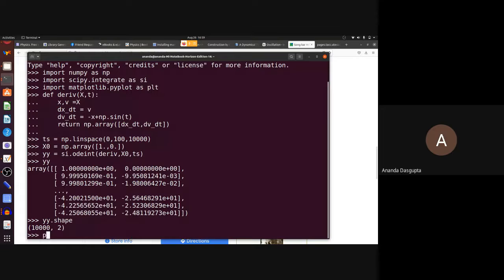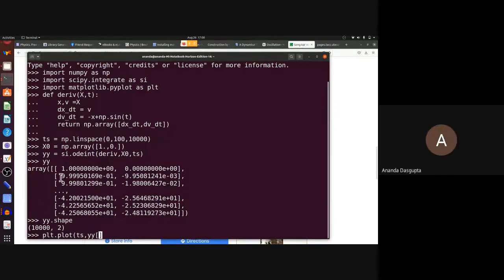So just to see how this works. Now I want to plot just the x. That means I want to plot the first column. What will I do? How can I extract just the first column from this array? First column, remember, is column number 0. Zeroth index. Within square brackets, we have to put 0.